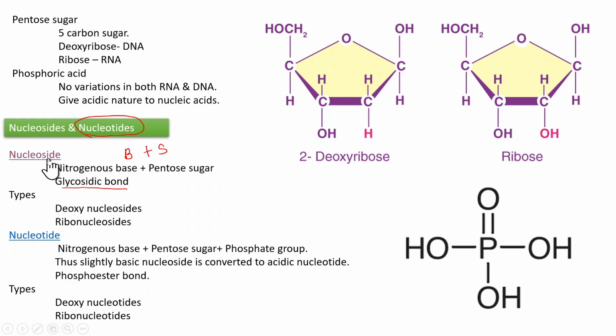Nucleosides are of two types. Deoxynucleosides are present in DNA, and ribonucleosides are present in RNA. For example, deoxyadenosine is the nucleoside present in DNA. Deoxyadenosine.